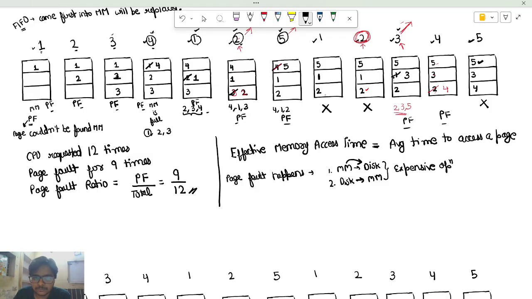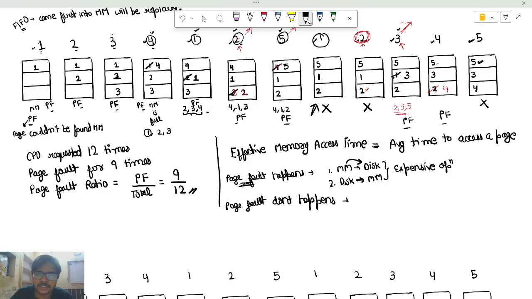So therefore whenever a page fault happens, the total time in its service is very large compared to when the page fault didn't happen. So now when a page fault doesn't happen, what happens in that case? As you can see here, this was a scenario in which page fault didn't happen.